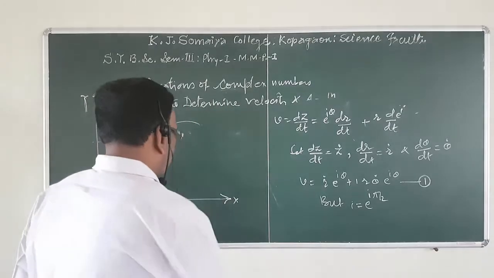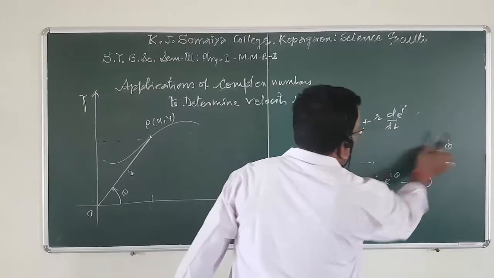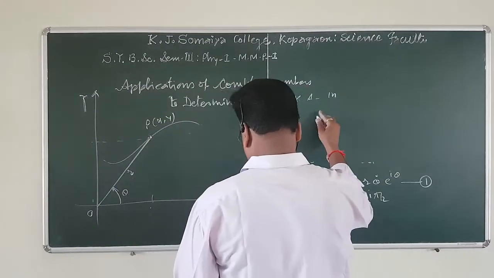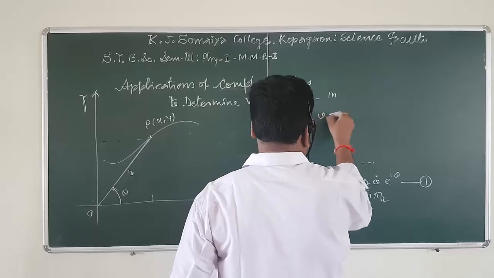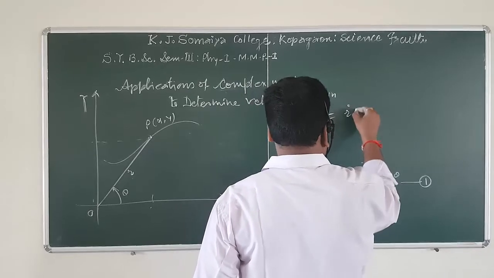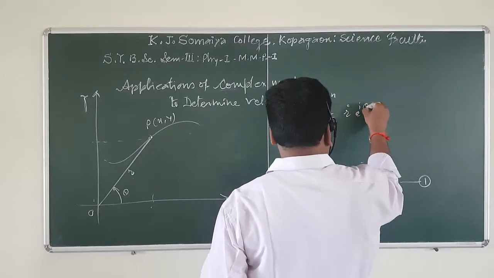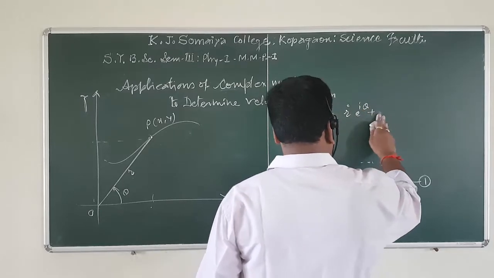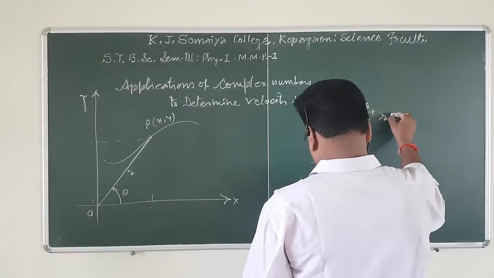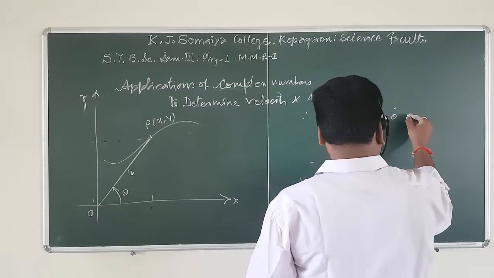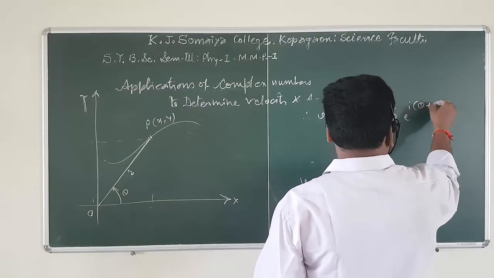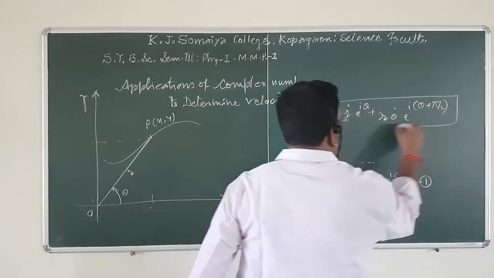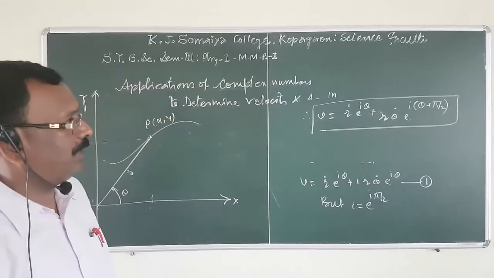Therefore, we can write V is equal to r dot e raised to i theta plus r theta dot e raised to i theta plus pi by 2. Okay. This equation gives complex velocity.